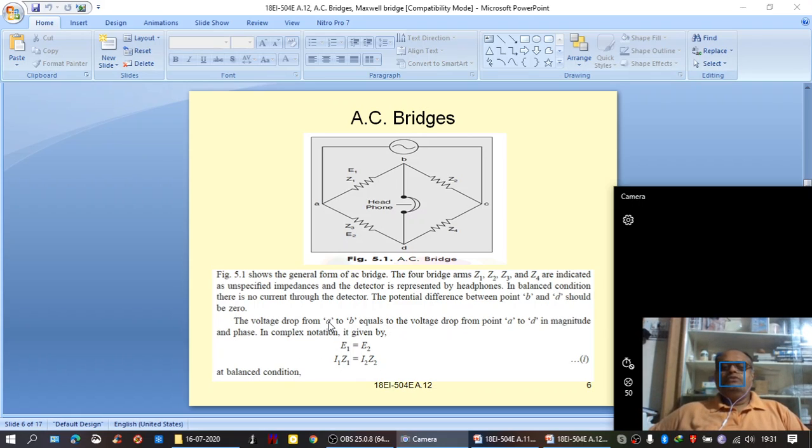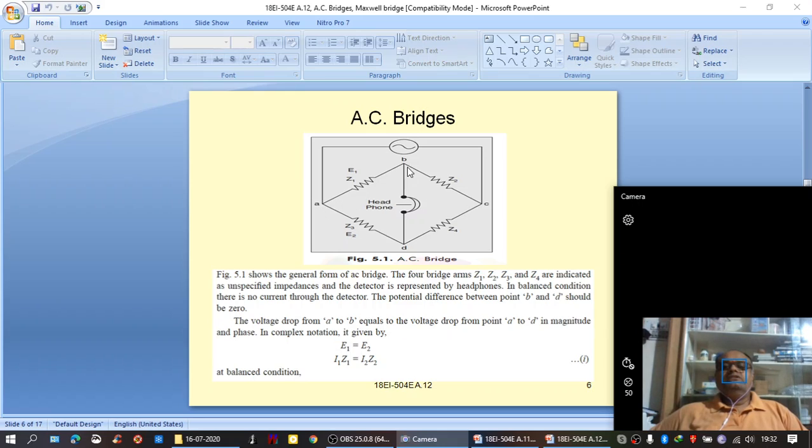Now, the voltage drop from A to B equals the voltage drop from A to D in magnitude and phase. So, in complex notation, it is given as E1 is equal to E2. That means I1 Z1. What is E1?